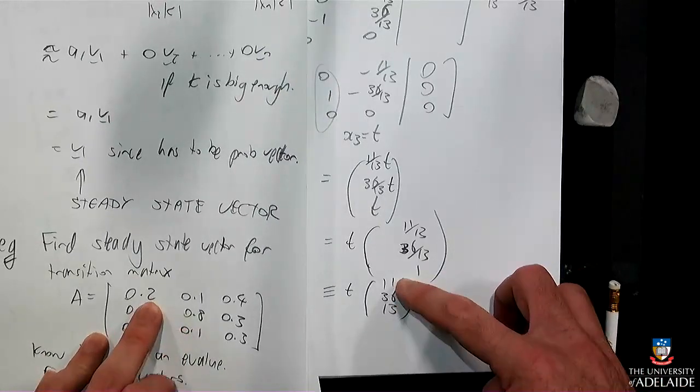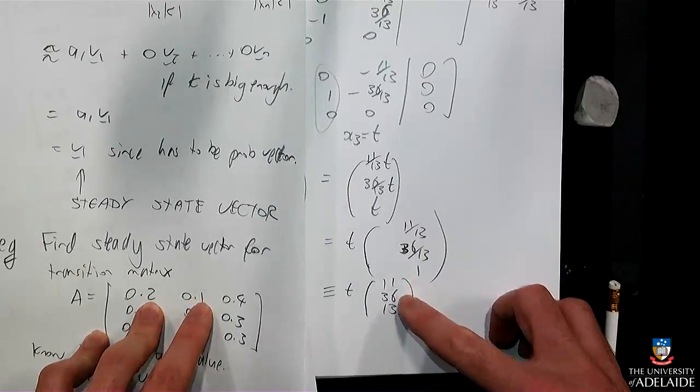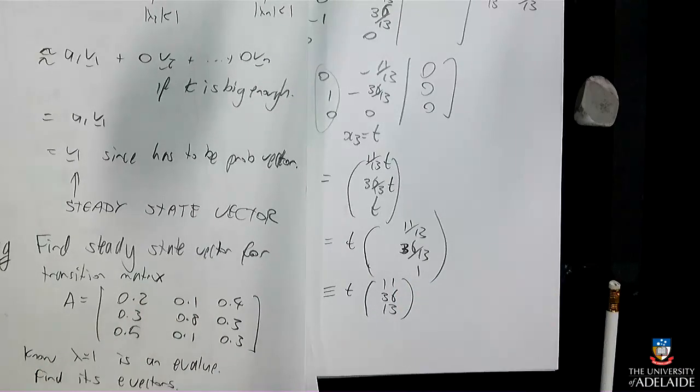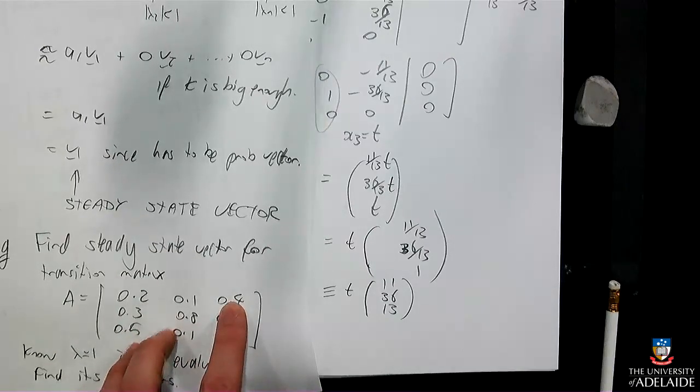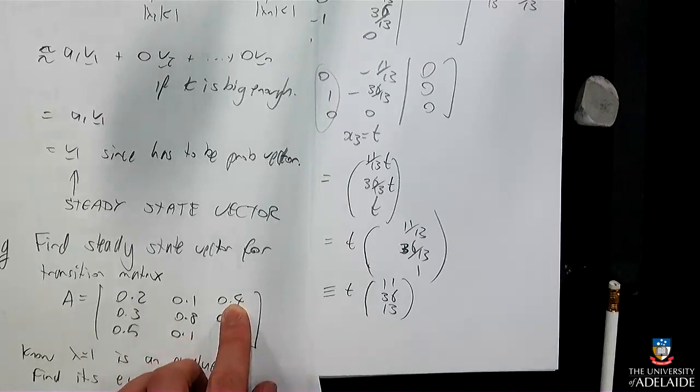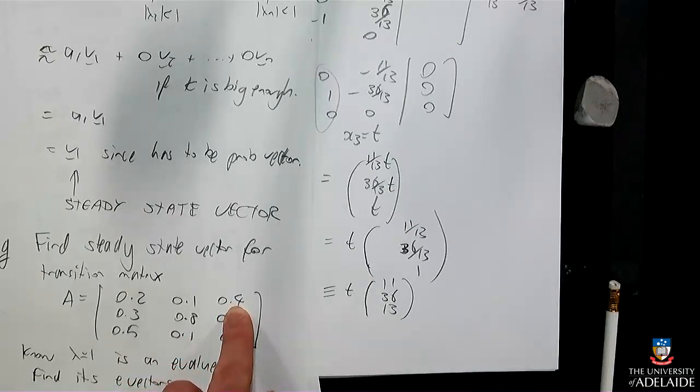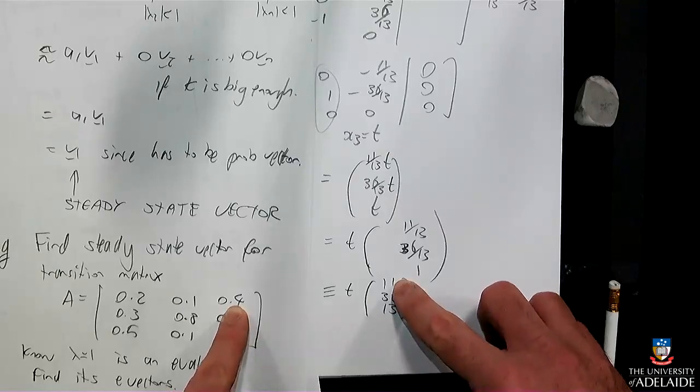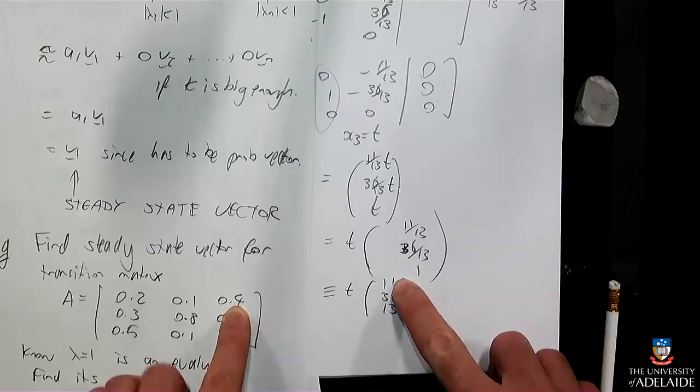So 2.2 plus 3.6. Just get a machine to do this for me. Plus 3.6 plus 5.2 is 11, and it's coming out to the correct first answer. Beautiful.